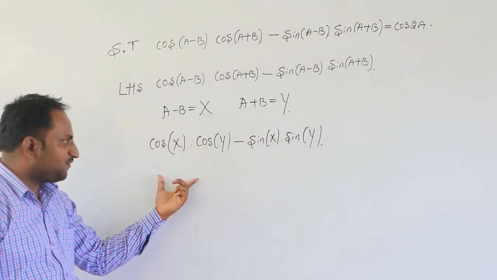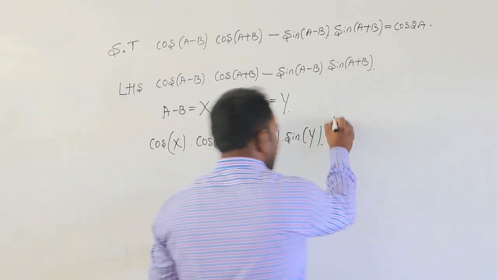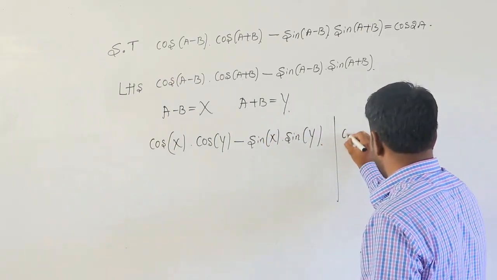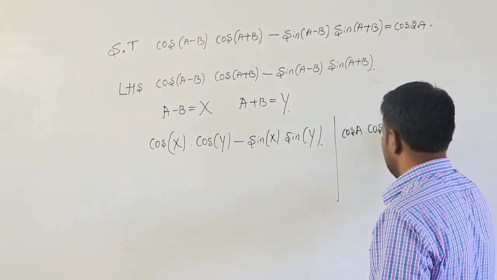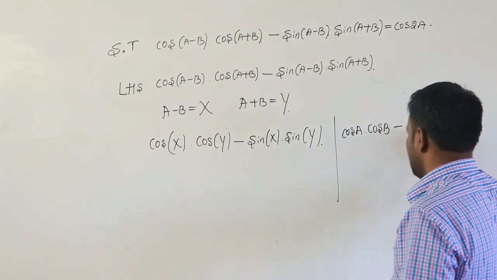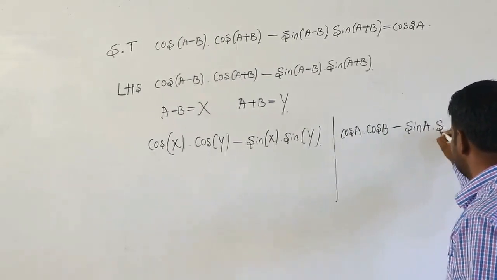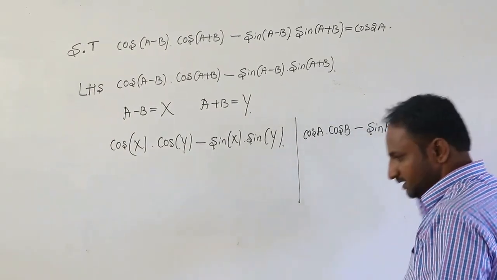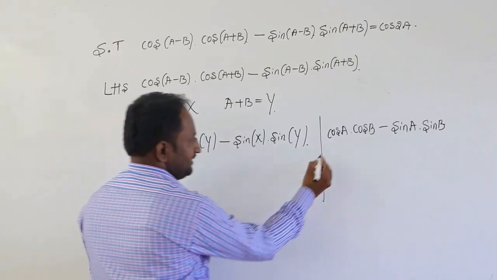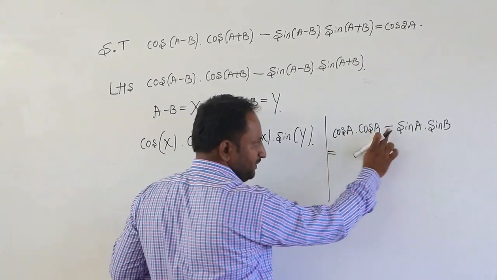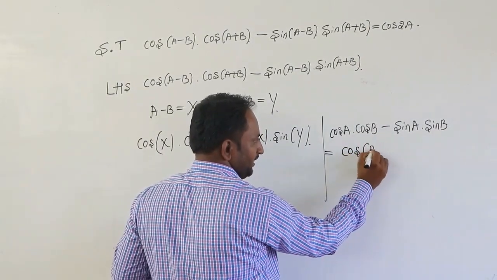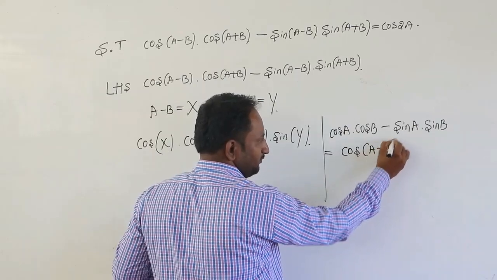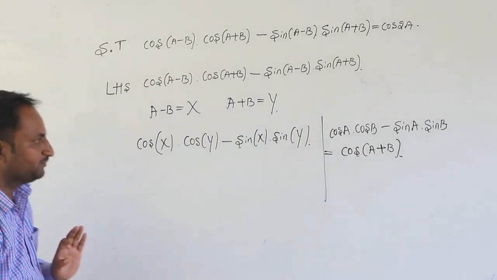Again this form comes under one formula, that is cos A into cos B minus sin A into sin B, which means cos of A plus B value.